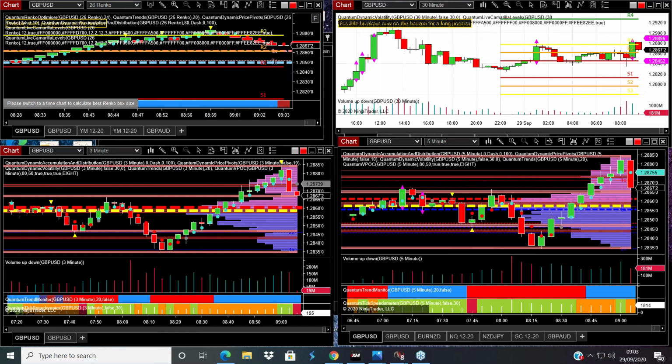You really build a dossier. You do your research on it the way you would do your research on a stock, so you know exactly who's who, what's likely to drive it, and which items of fundamental news are more important to that currency in the cycle that we are at the moment.